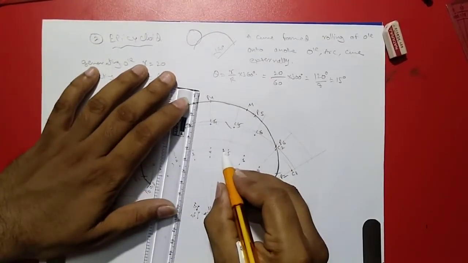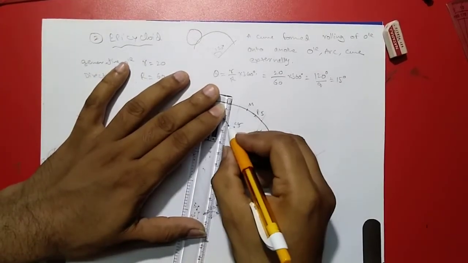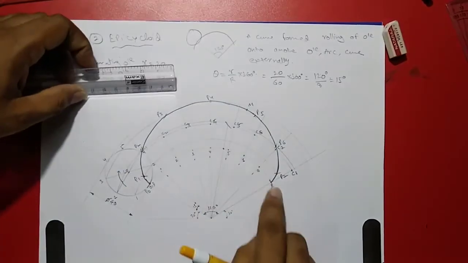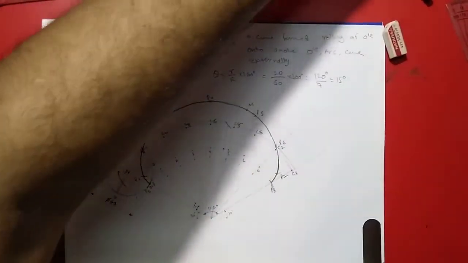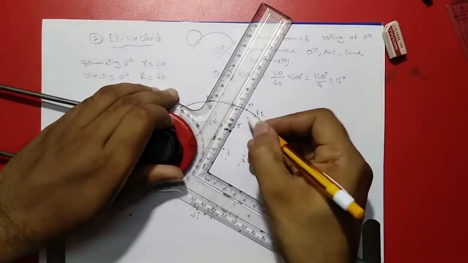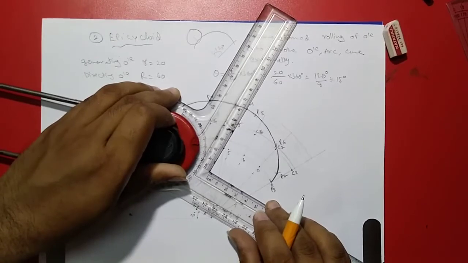So to get the point onto this, from this point just draw a line which cuts the directing surface. So from this point to the selected point on the curve, you can draw a line that's called the normal.